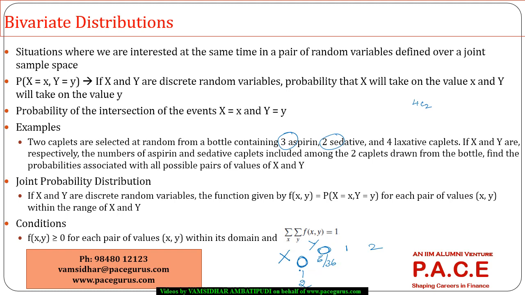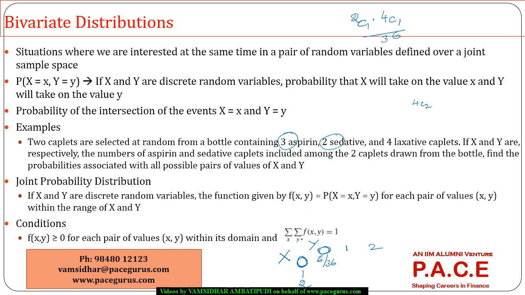Now what is the probability of having 0 aspirin and 1 sedative? If I have to look at 0 aspirin and 1 sedative, automatically out of the 2 sedatives there should be 1 that is selected, which can be done in 2C1 ways, and out of the remaining 4 laxatives again 1 needs to be selected, which should be in 4C1 ways. So 8 by 36, right?